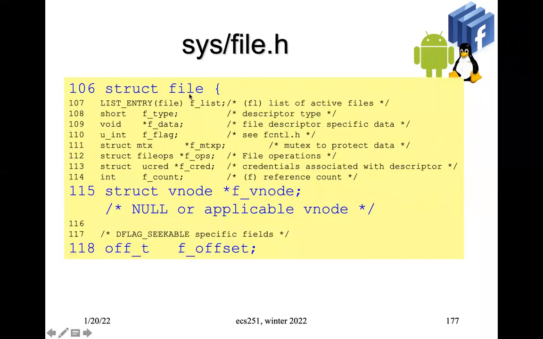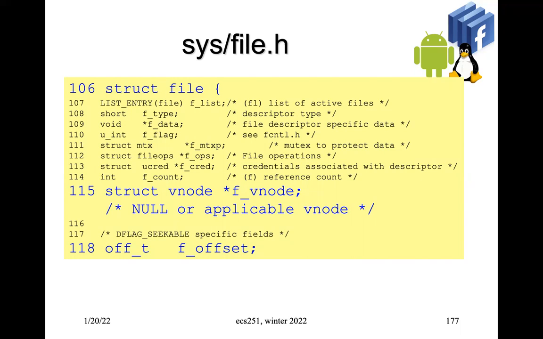Then inside the file, there are two important data structures, one in line 115, one in line 118. I'm going to show you the second one first, which is the offset. So what is the offset? When you open the file, you have a pointer to which part of the file you're interested in accessing right now.